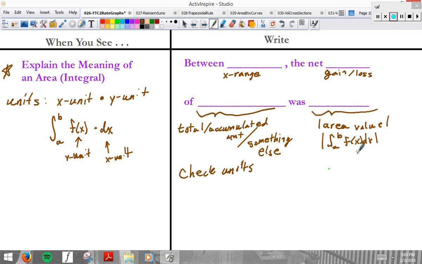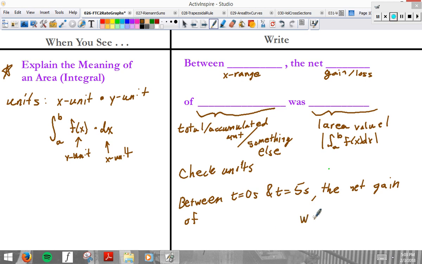So here we would say like between t equals 0 seconds and t equals 5 seconds, the net gain of, we'll think about it, was, and maybe we would get something like 10.